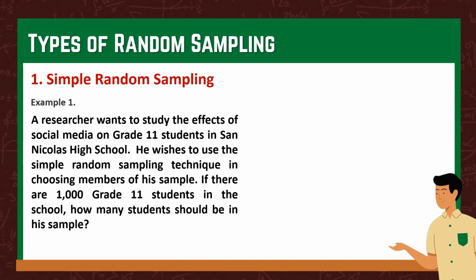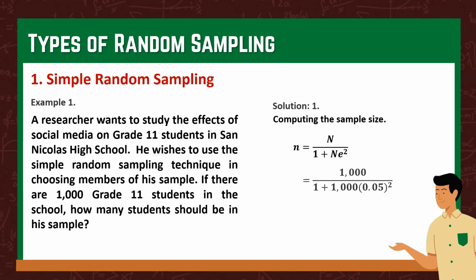Let's compute the sample size of the given problem using Slovin's formula. So we have 1,000 population size divided by 1 plus 1,000 times 0.05 margin of error squared equals 285.7 or 286 students.